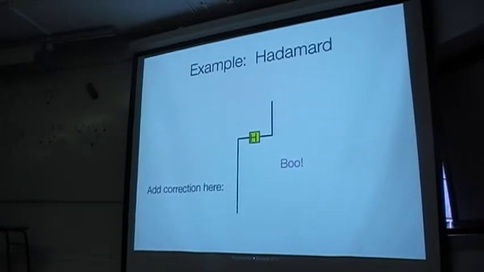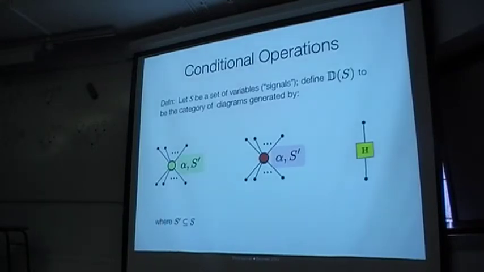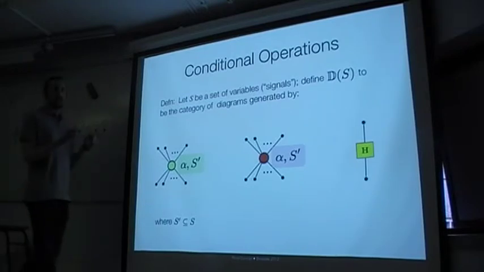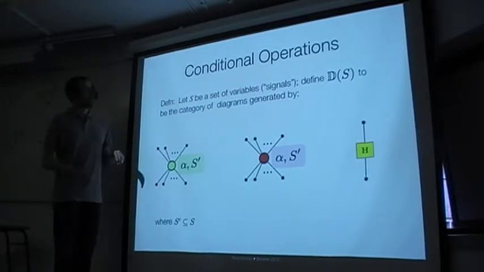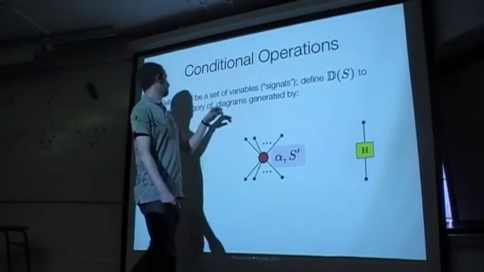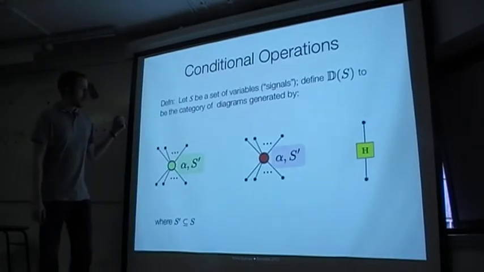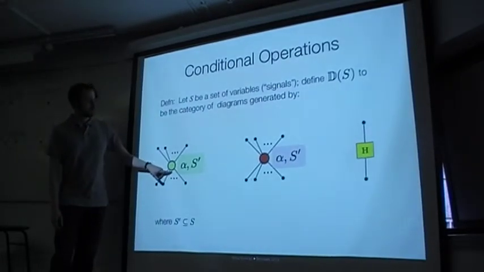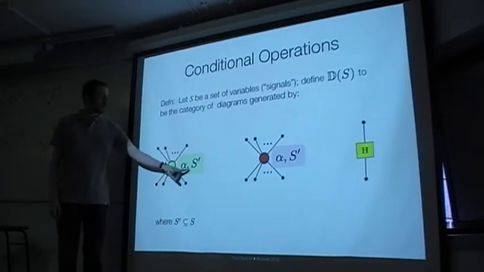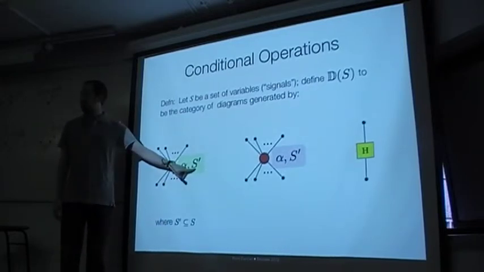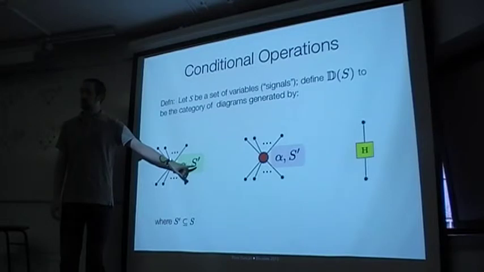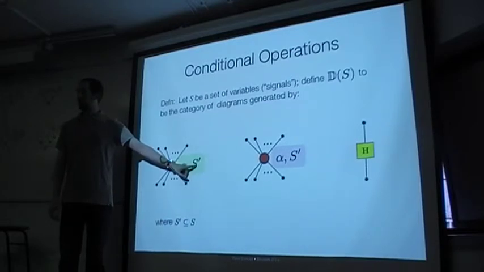Okay, so I'm going to modify the syntax of the language slightly to incorporate this idea of conditionality. So I'm going to take some set of formal variables, S, and on each of my colored vertices, as well as the angle, have some collection of these variables. In fact, in the examples I'll show you, this will always just be one variable.